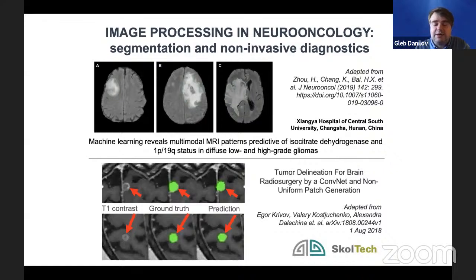By saying this, I mean that a computer can do this delineation, this segmentation, much faster than a doctor. So it's very cost effective, and it's very good to save some time for a doctor to do more complicated things.